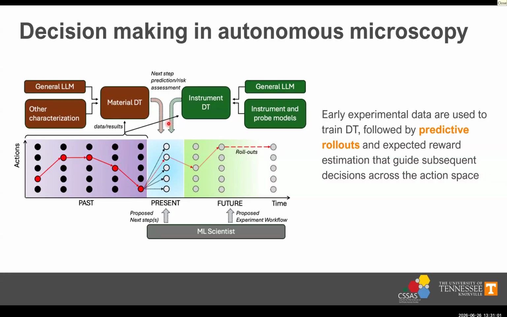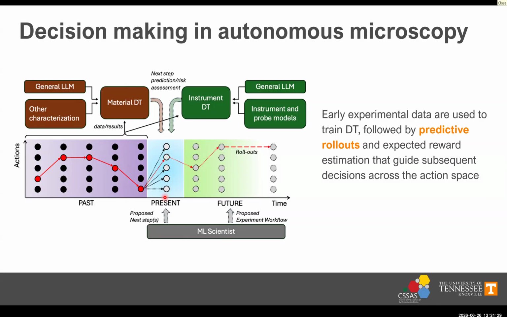So if we try to marry the search concept to the idea of model predictive control, we get an architecture something like this. We need either a human or machine learning scientist that proposes the experiment and proposes what actions to take. We have the digital twin for the material and instrument that will predict the outcomes of the possible actions before they're taken.